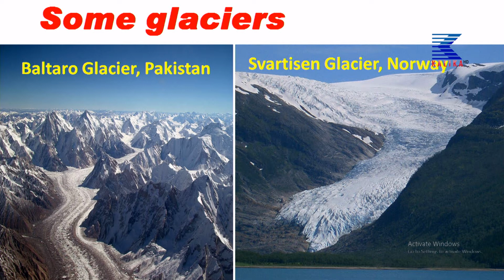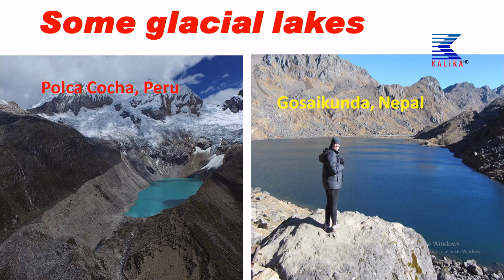It's a glacier, the snow rushing down directly from the mountain. Another is Pulka Cuica, from Peru. These are glacial lakes, lakes formed because of the glacier. That's Pulka Cuica from Peru. And another, Gosai Kunda, is a glacial lake from Nepal.